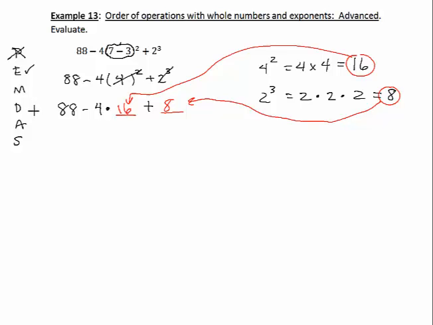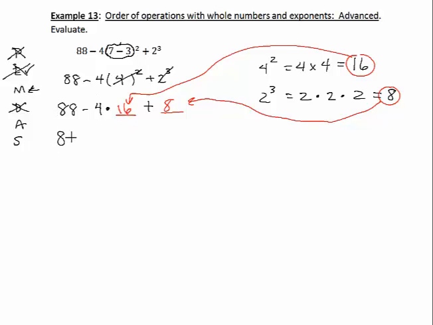Okay, so we've taken care of the exponents, and now what do we have next? We have multiplication. Well, looking back at this, I said we had every operation, but we actually don't have any division. Okay, I just noticed that.